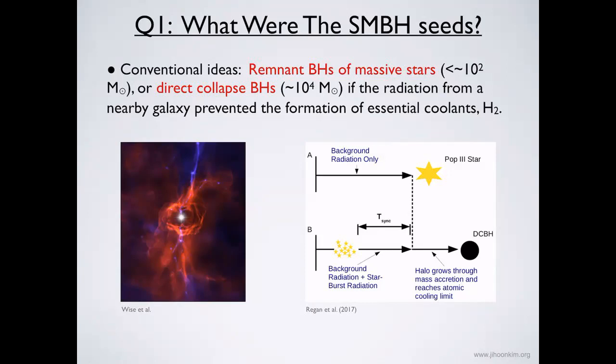So the gas cloud is just warmly heated, but never forms stars, never fragments. But then suddenly it starts to collapse to form a single giant black hole, of mass such as 10 to the 4 solar masses.